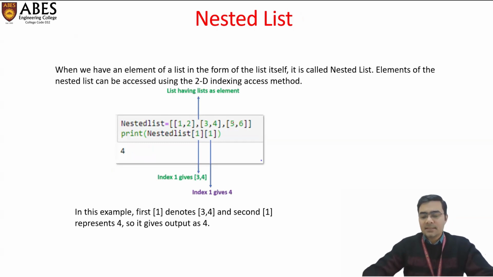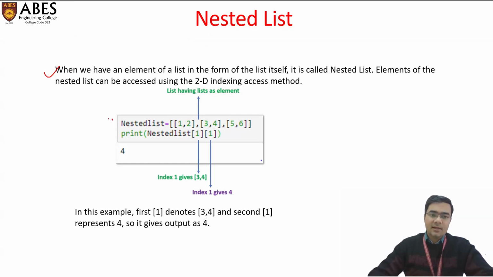Now, the nested list is also an important concept. From the name, you can easily understand that nested means a list having a list. When an element of a list is itself a list, it is called a nested list. Elements of the nested list can be accessed using the 2D indexing method.